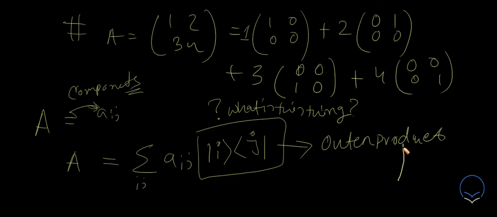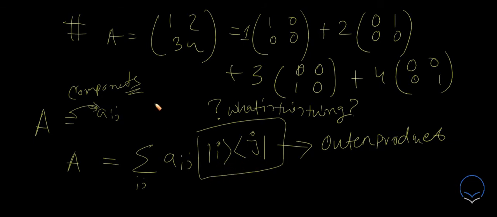And the way to see that this is an outer product, we will first have to discuss vector spaces, and then we can define these outer products. So a matrix can be represented using this bracket notation.